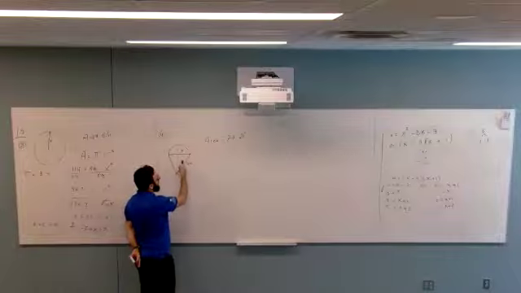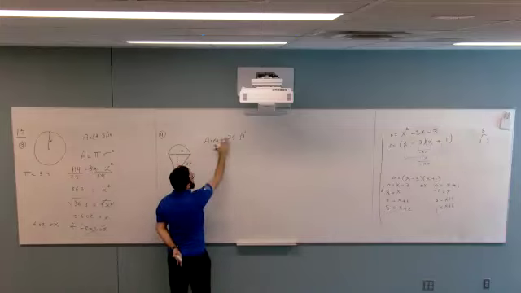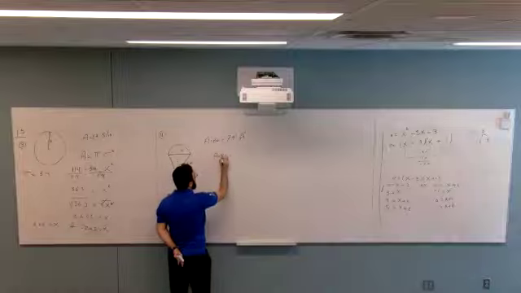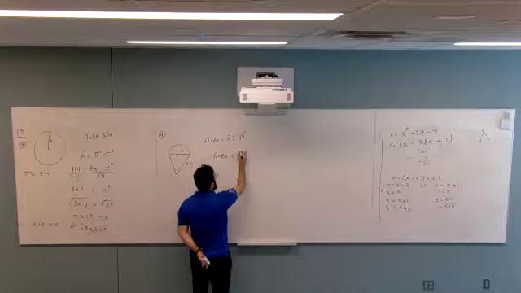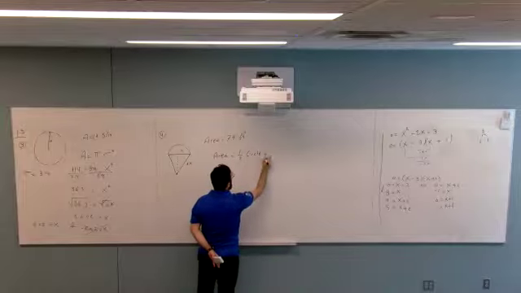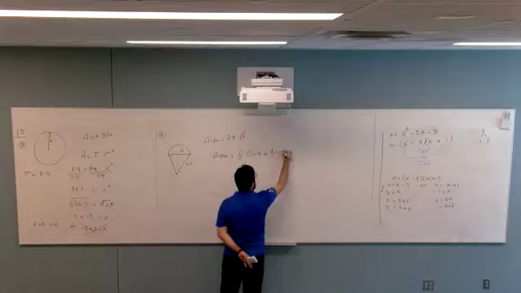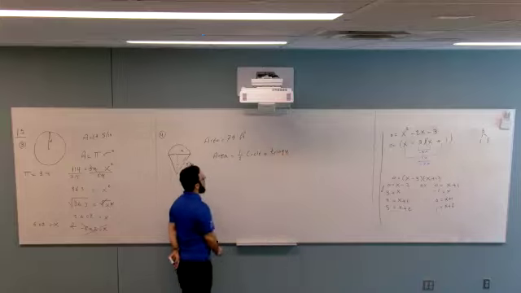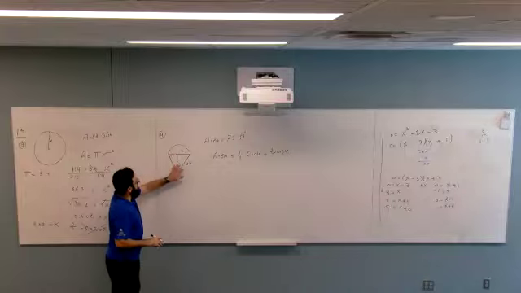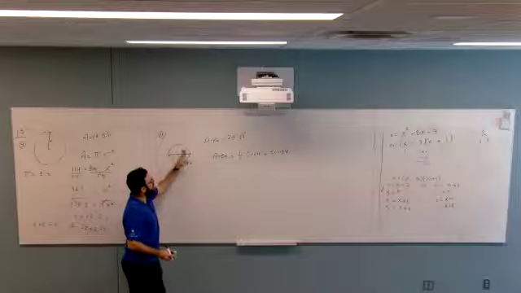Now, let's write down the general area for the whole shape. It's going to be half circle, plus what? Triangle. We have a half circle and a triangle. Add these together, it's going to be the whole area.